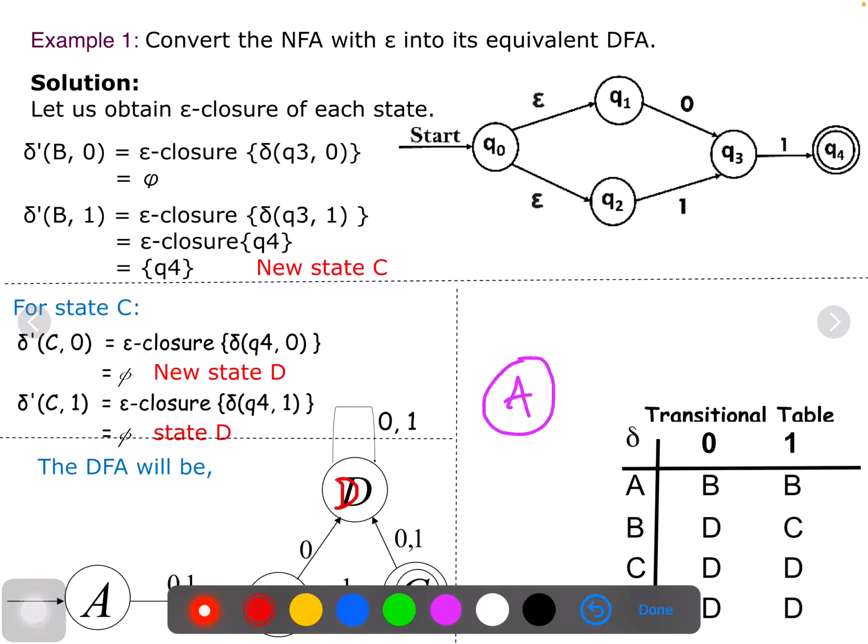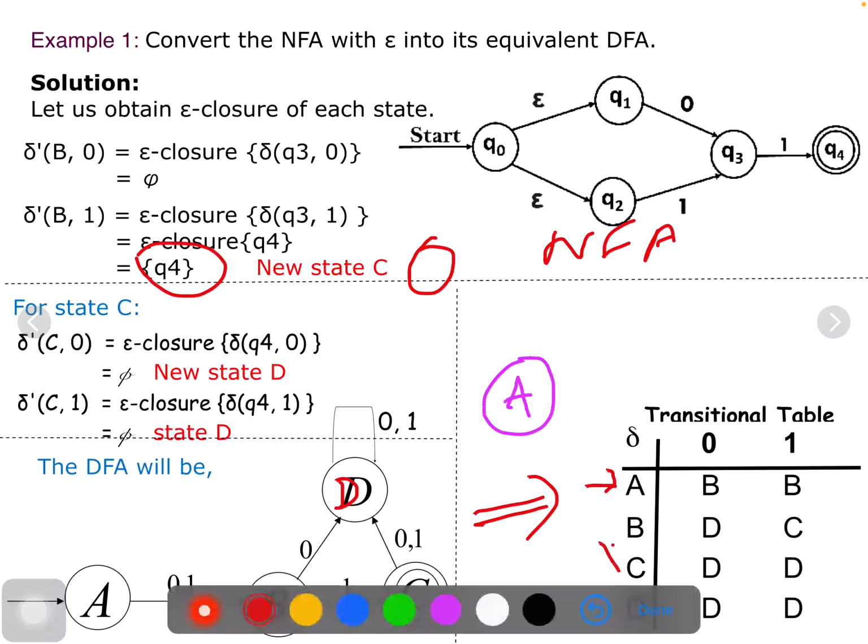C. Why is C the final state? C contains the final state of the NFA, so it becomes the final state of the DFA. In this DFA transition table, A is the initial state and C is the final state. This way an epsilon NFA can be converted to its equivalent DFA.